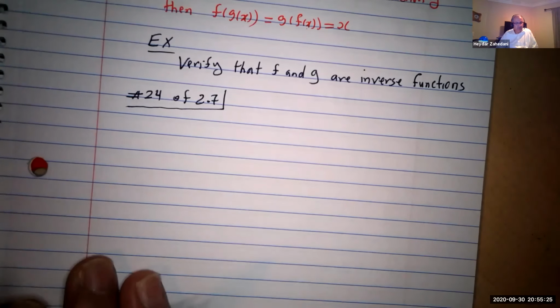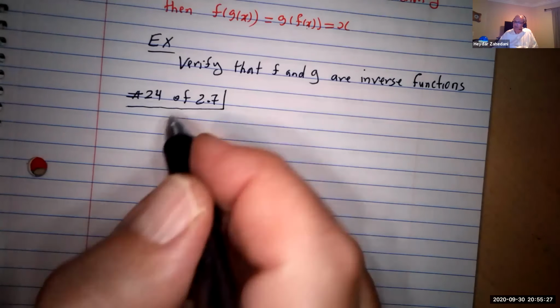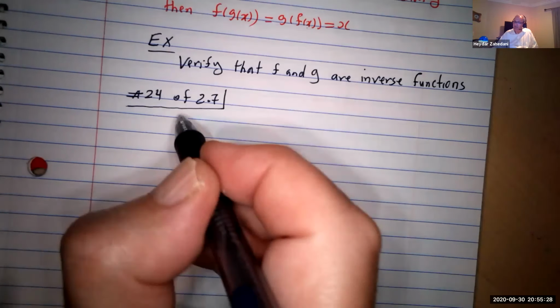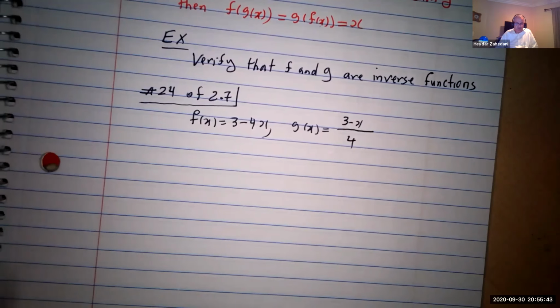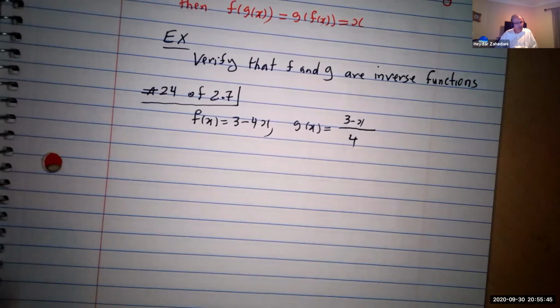What are the functions? f of x is equal to 3 minus 4x, and g of x is equal to 3 minus x, over 4. So you want to confirm that one of them is the inverse of the other one.